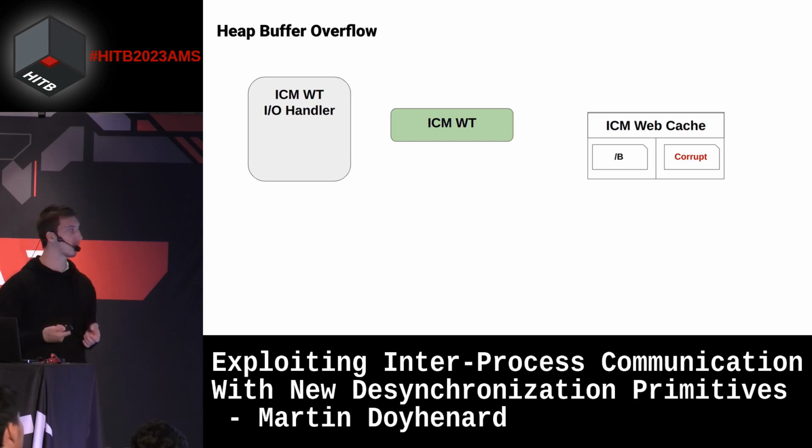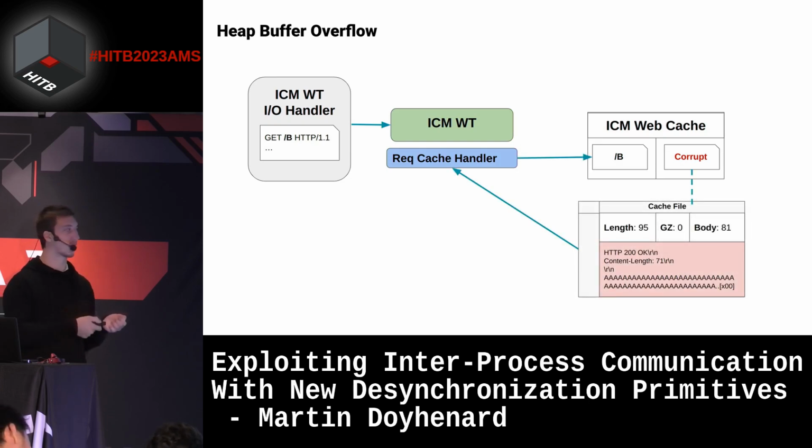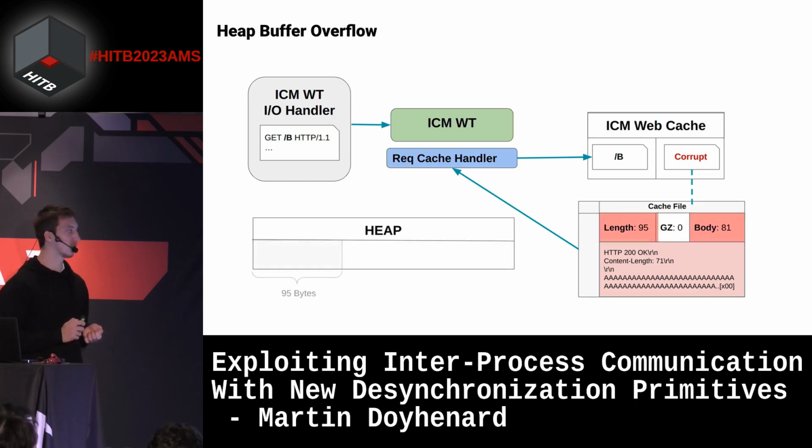this resource B, the request cache handler will go and look for it in the cache. It will say, yes, there is something in the cache for object B, and it will try to load this cache file in the heap. How is it going to be done? Well, it's going to read first the length, and it will use that to reserve a buffer in the heap.